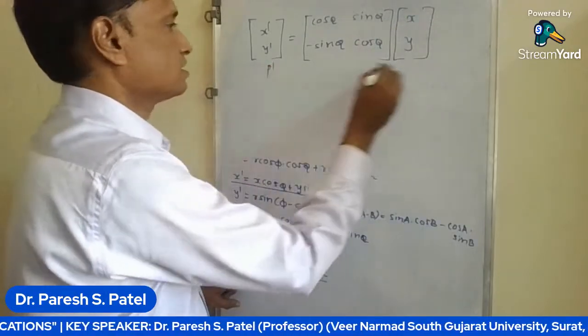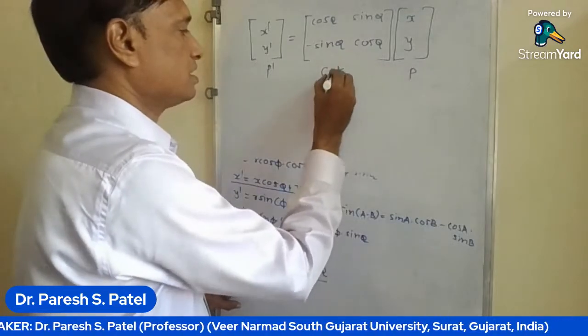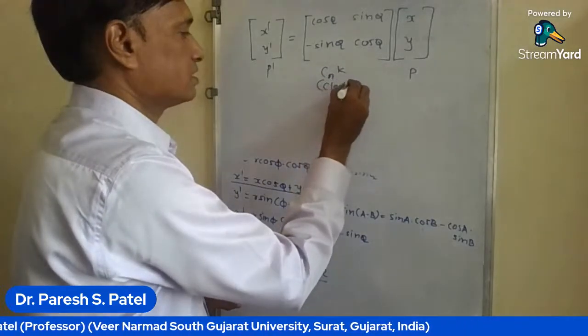This is P dash and P, and this is the rotation matrix for clockwise.